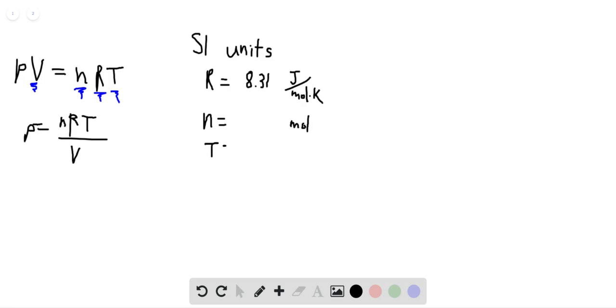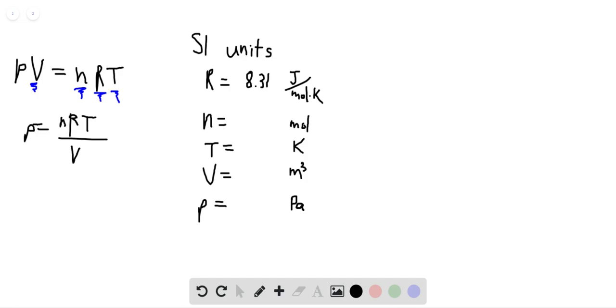Temperature needs to be Kelvin. Volume needs to be meters cubed and not liters. And that will give us pressure in Pascal. This joule here converts into Pascal and meters cubed, and that's how all those units correspond to each other.